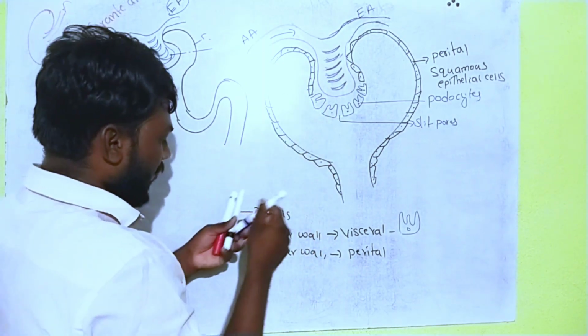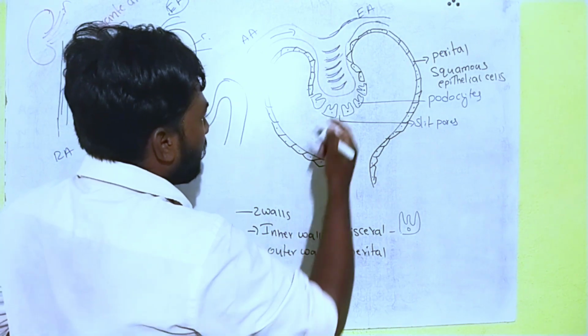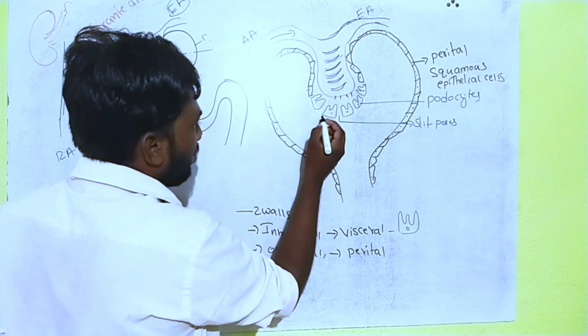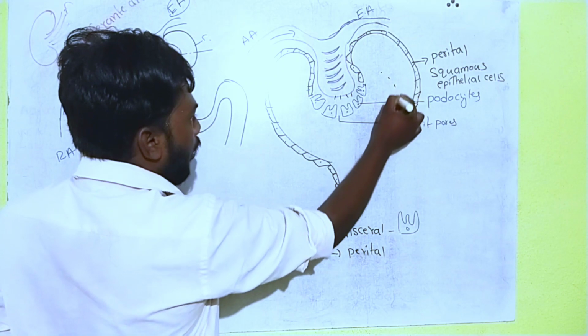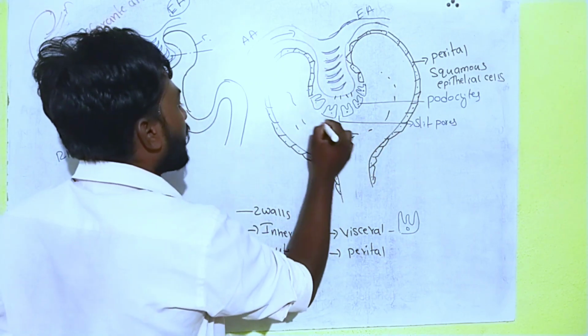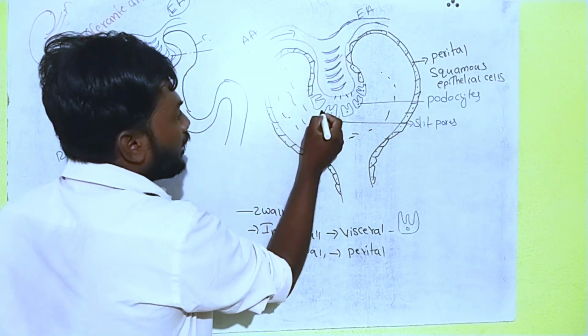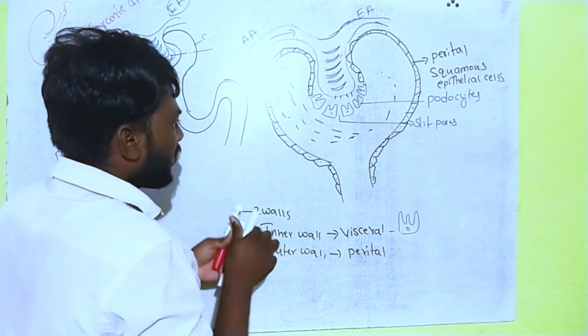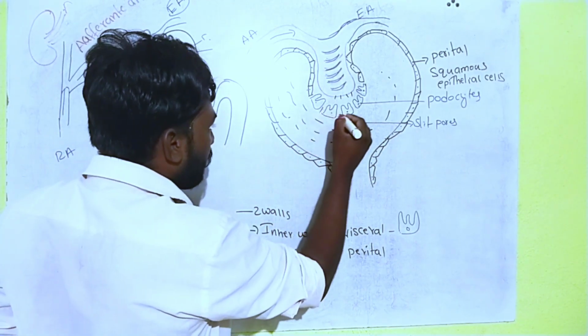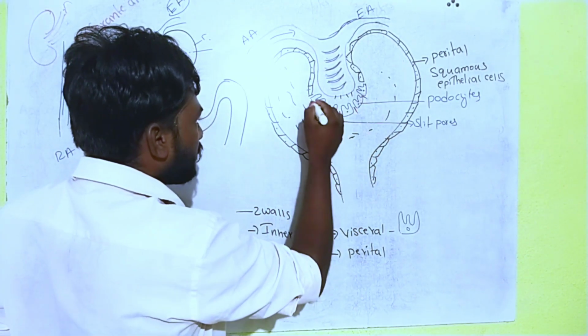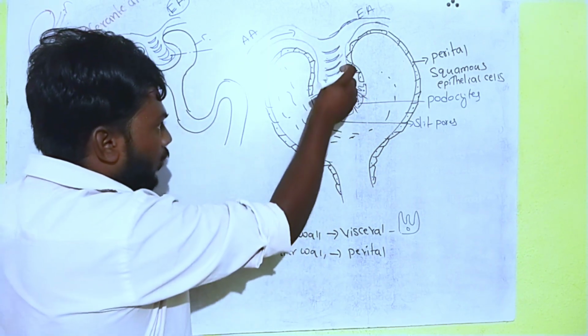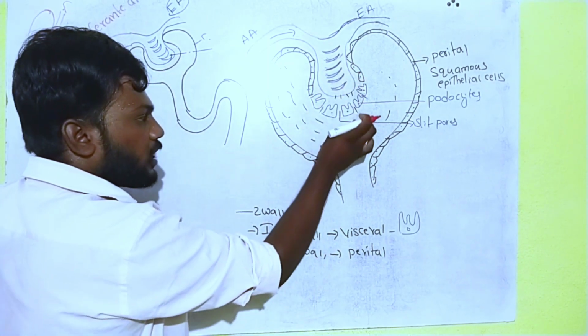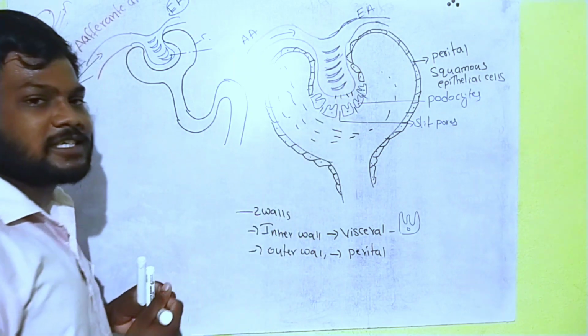After the blood is filtered, and this is very important, the filtered fluid comes into the Bowman's capsule. How does it come into Bowman's capsule? Through the slit pores. These are slit pores. Through the slit pores the filtered fluid comes into the Bowman's capsule.